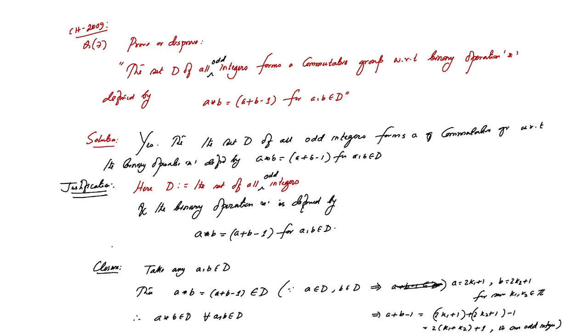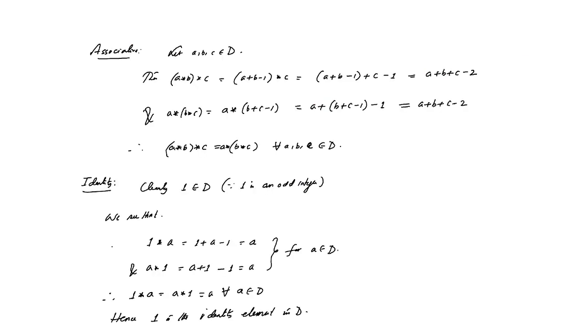Now we come to the next important problem. Here the problem is true or false. This is question number 8, and this question was asked in the year 2000. What was the question?